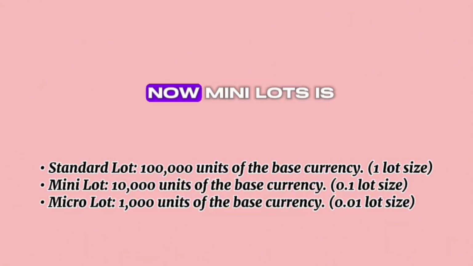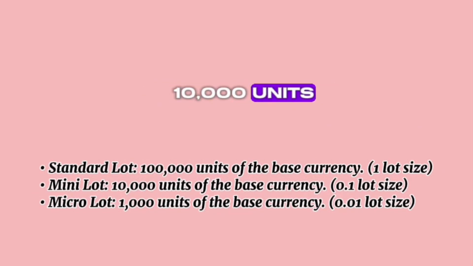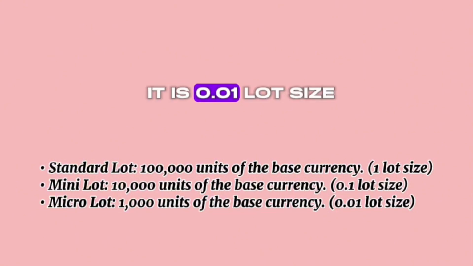Now, the mini lot is 10,000 units, and the micro lot is 1,000 units. On that micro lot, when we execute in our trading app, it is 0.01 lot size. The mini lot, which is 10,000, is 0.1 lot size, and the standard lot, which is 100,000, is 1.0 lot size.